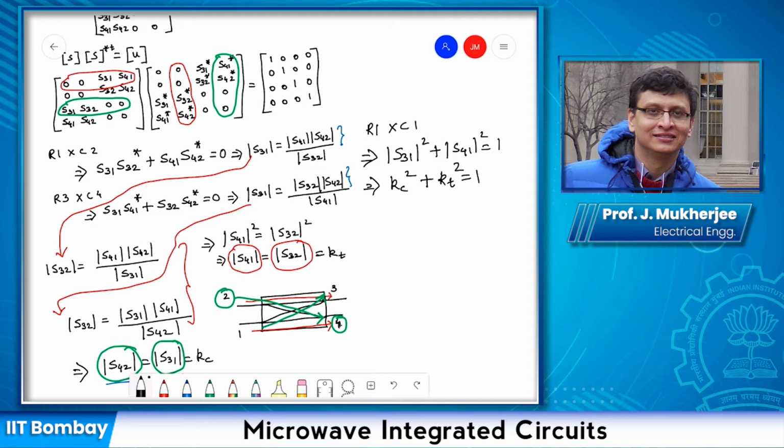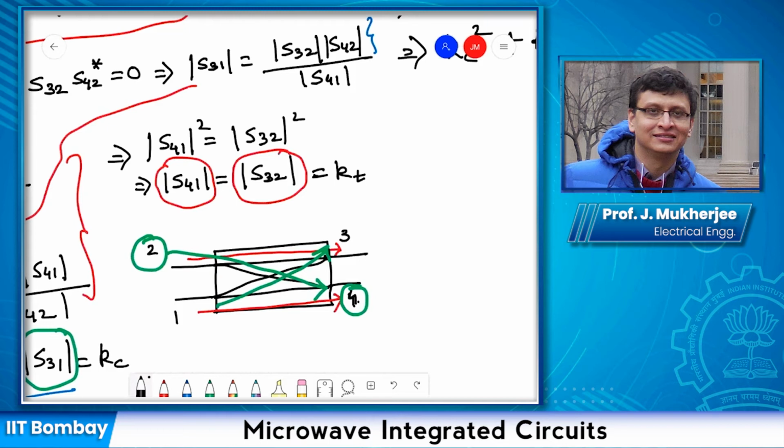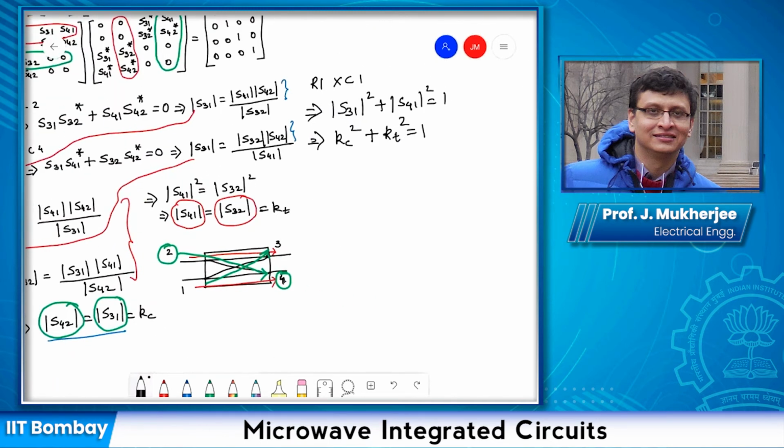Now, just like we saw for the T's, we can adjust the phase of the S parameter by adjusting the various port lengths. So by adjusting, say, the lengths of port 1 and 4, it is possible that we can make S41 equal to Kt with 0 phase, and also S32.